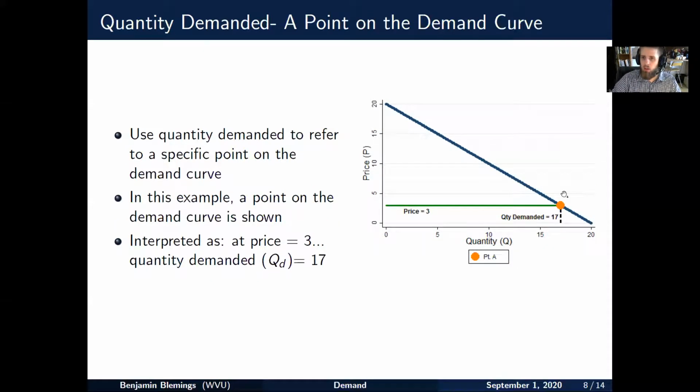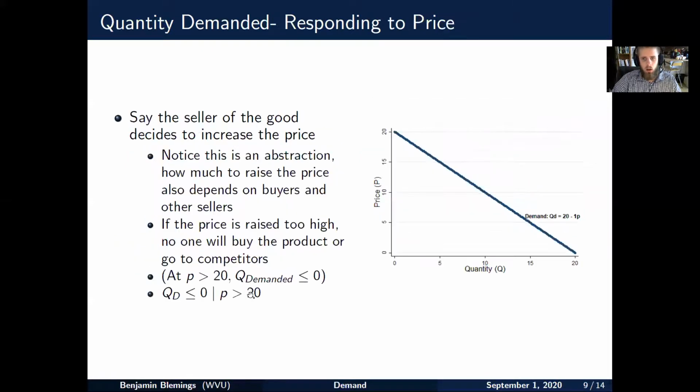So quantity demanded is a function of what the price is. Now let's say that the seller of the good decides to increase the price. A caveat is that you have to notice that this is an abstraction. How much the price actually changes also depends on other buyers and other sellers as well. But let's say the price is raised very high from price equals 3 to somewhere where price is greater than 20.